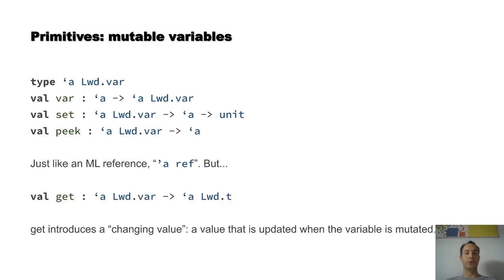But we have a 4th function. Rather than sampling the current value of the variable, it gives a changing value, something of type lwd.t. This one will be updated if the variable is mutated with set. With it, we can observe both the current value of the variable and also all the future changes.